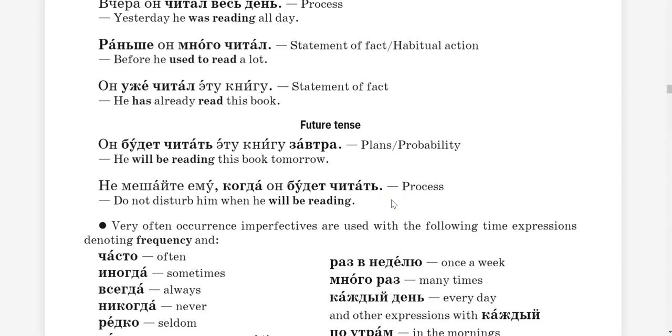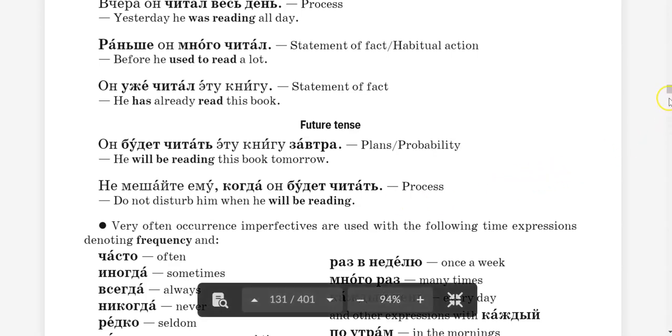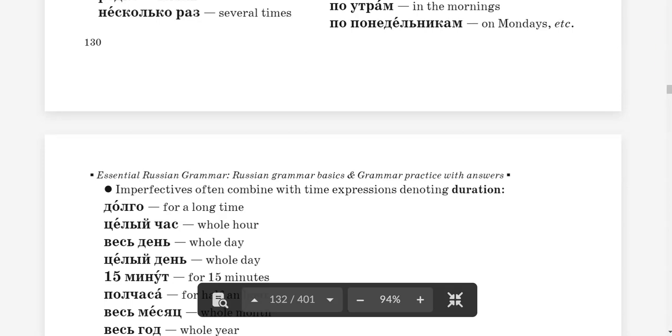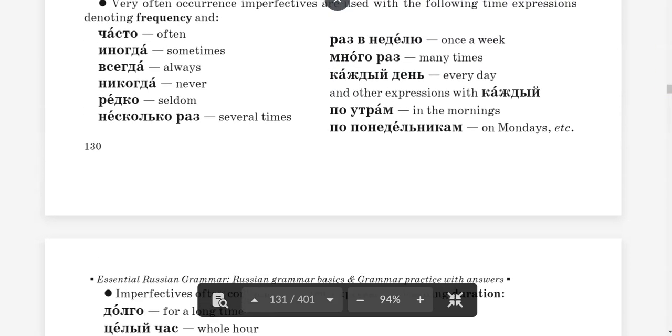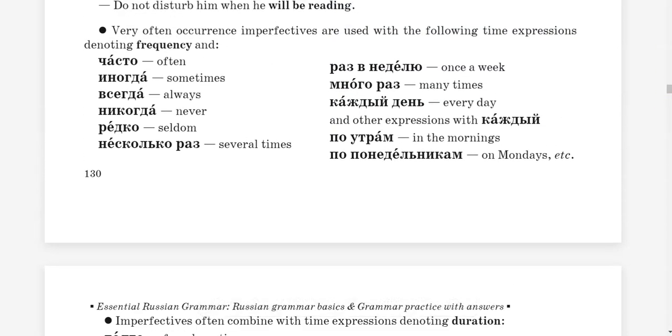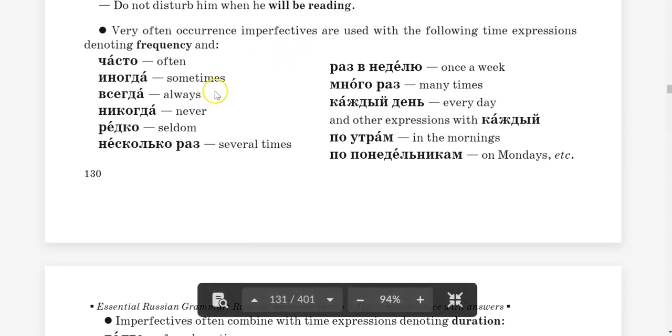If we want to express the frequency of the action, we would use specific words like часто, often, иногда, sometimes, всегда, always, никогда, never, редко, seldom, несколько раз, several times, раз в неделю, once a week, много раз, many times, каждый день, every day, and other expressions with каждый.